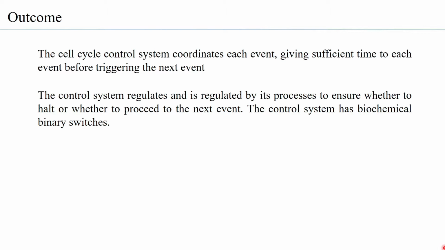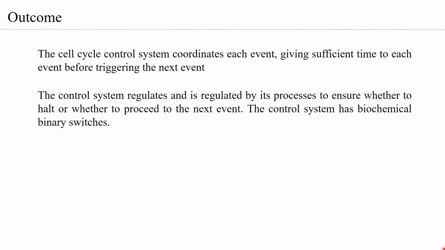Why is that important? Because that would tell whether the cell cycle has to halt or whether it has to proceed. If there is something that is not conducive, then there has to be a stop. But if everything is fine, then the cell cycle can move ahead.